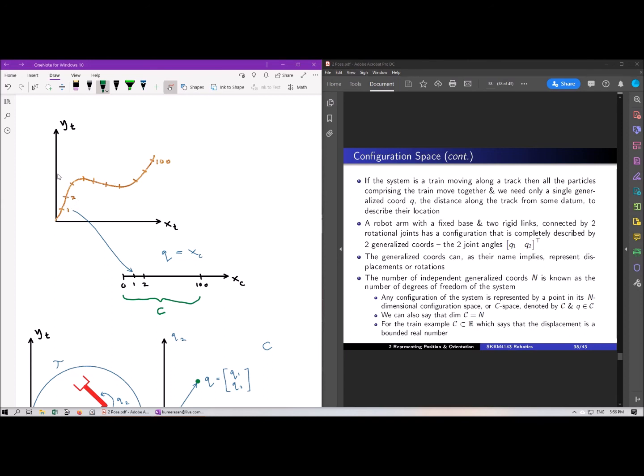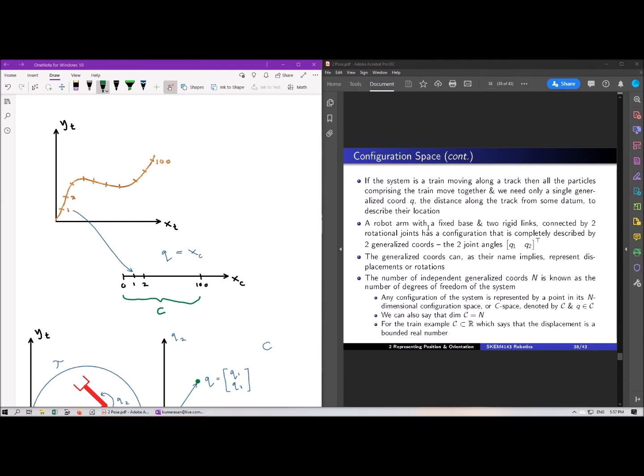If we map this track on a straight line, which we will call XC, so 1 here is 1 here, and so on, and the maximum of this track is 100, so we have 100 here. So the configuration of our train can be completely described by only one number. If I say the configuration of my train is 2, we know that it is here.